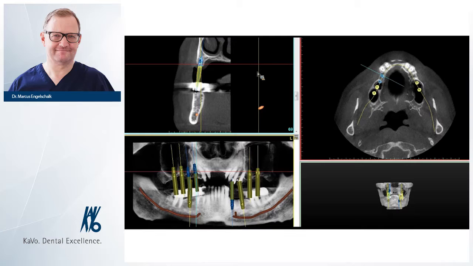This is very important. Even if you perform an open window technique, then you have to create two windows because otherwise the membrane wouldn't be lifted.